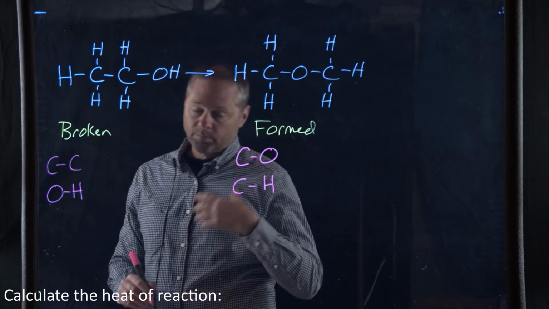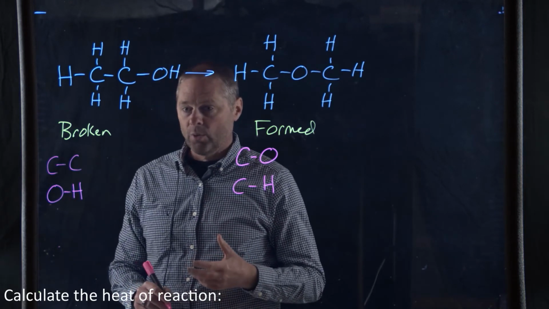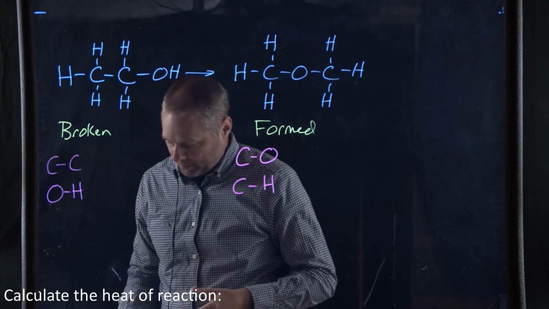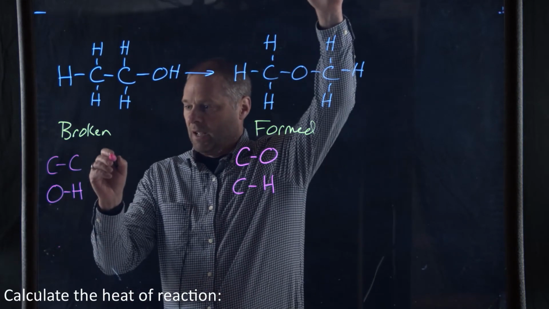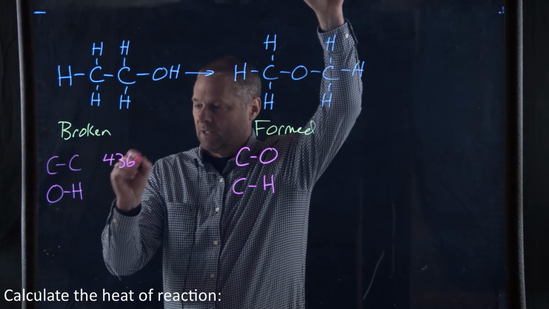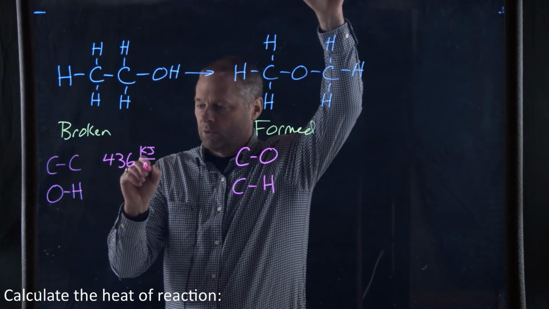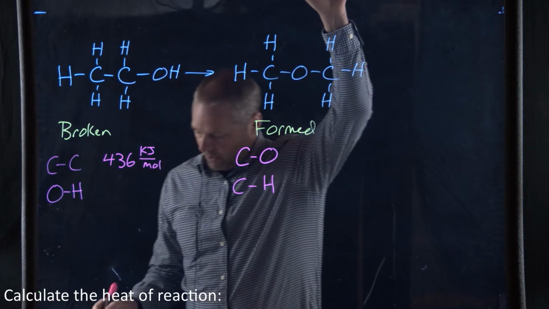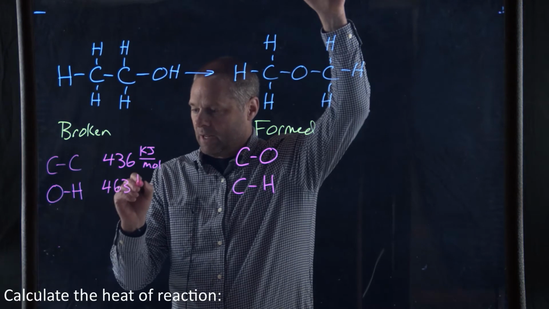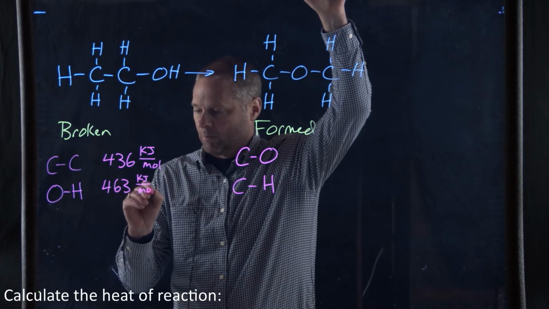Now in your book, as well as on the internet, there is going to be a table of bond enthalpies. And so for the carbon-carbon bond, this is 436 kilojoules per mole. For the OH, that's 463 kilojoules per mole.